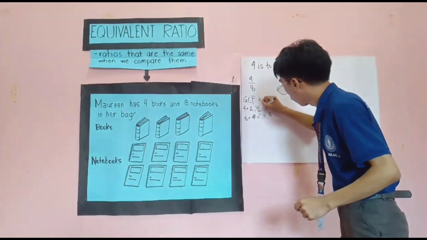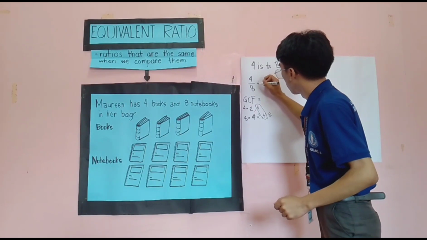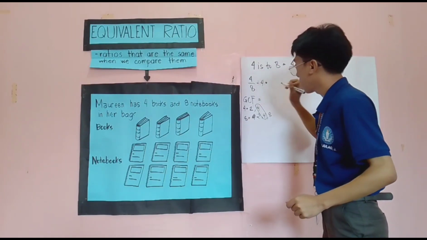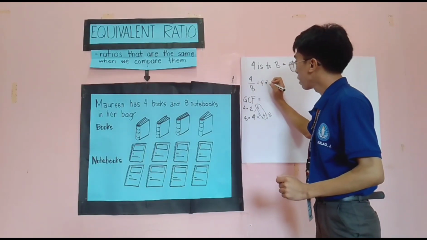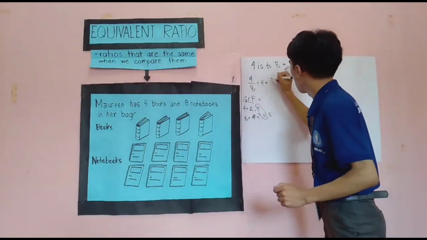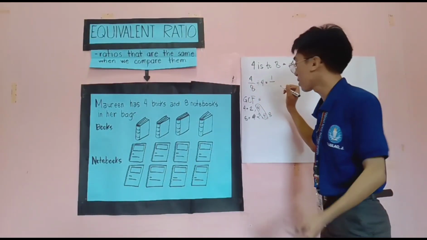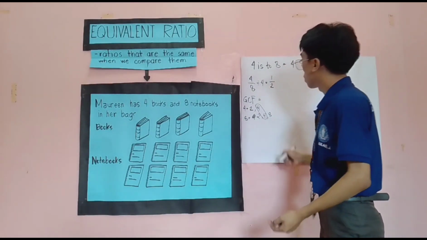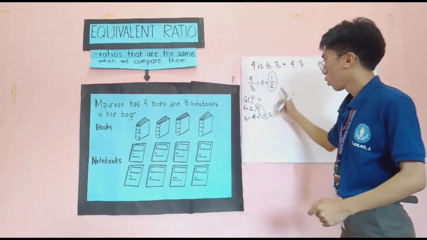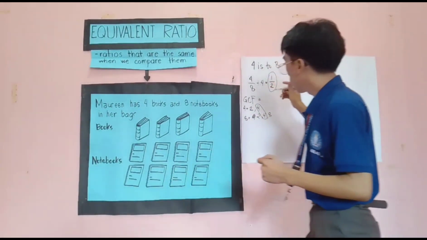What is the greatest common factor of the two numbers? Very good, 4. So we will divide by our GCF. 4 divided by 4 is 1. 8 divided by 4 is 2. So our simplest form is 1 is to 2.